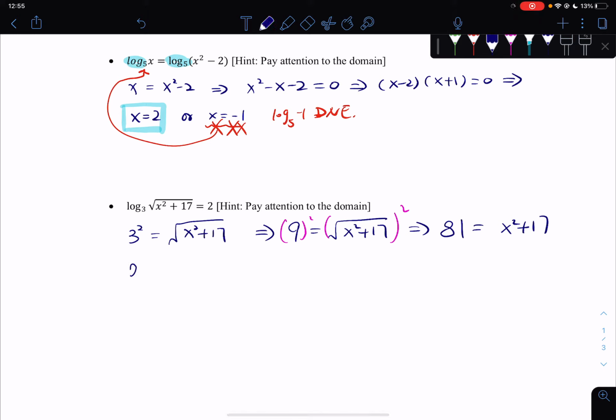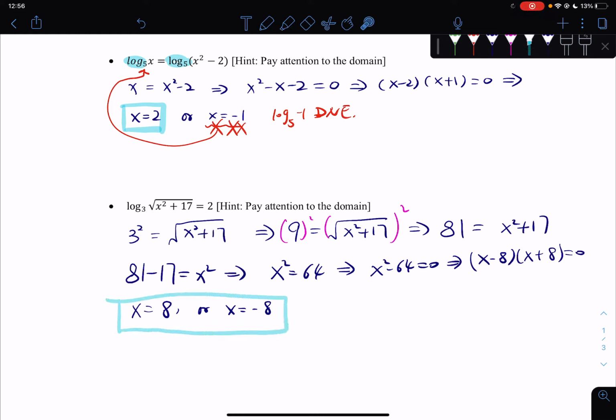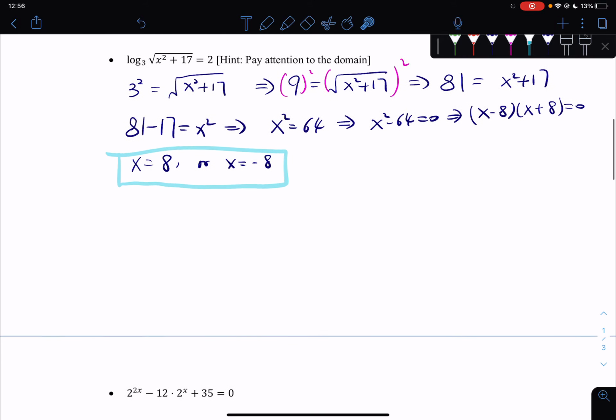Then you end up with 81 minus 17 is x squared. So you have x squared is 64. I encourage you to factor it to avoid missing any solution. So what you end up with is x being positive 8 or x being negative 8. It's quite obvious both of which can be plugged into your log structure because it's going to be squared, so you will never deal with negative values. So it should be good. This is my final answer.